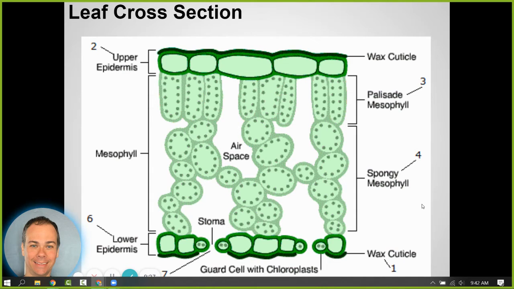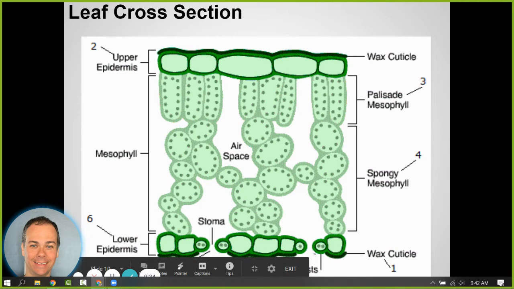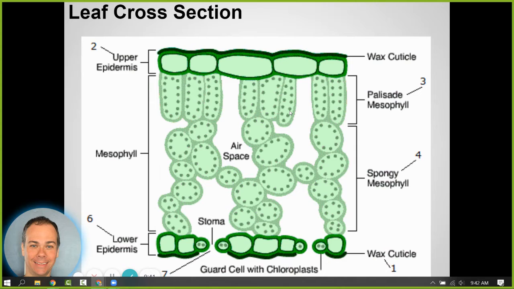They need carbon dioxide, correct. And that carbon dioxide is in the air around us. So these openings that we see on the bottom, the stoma, they allow air, which has carbon dioxide, to get into the leaf so that it can be used by these chloroplasts for photosynthesis.